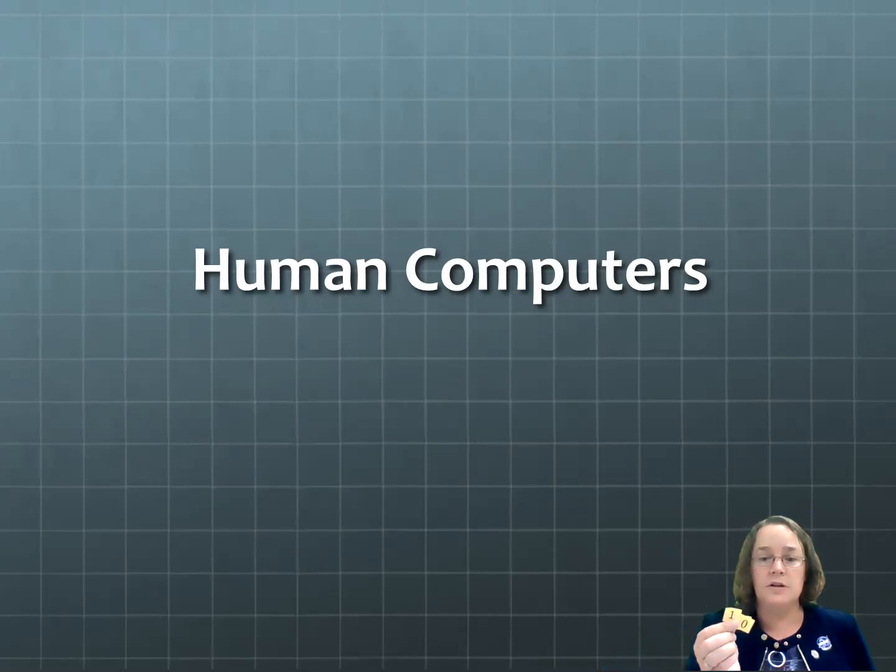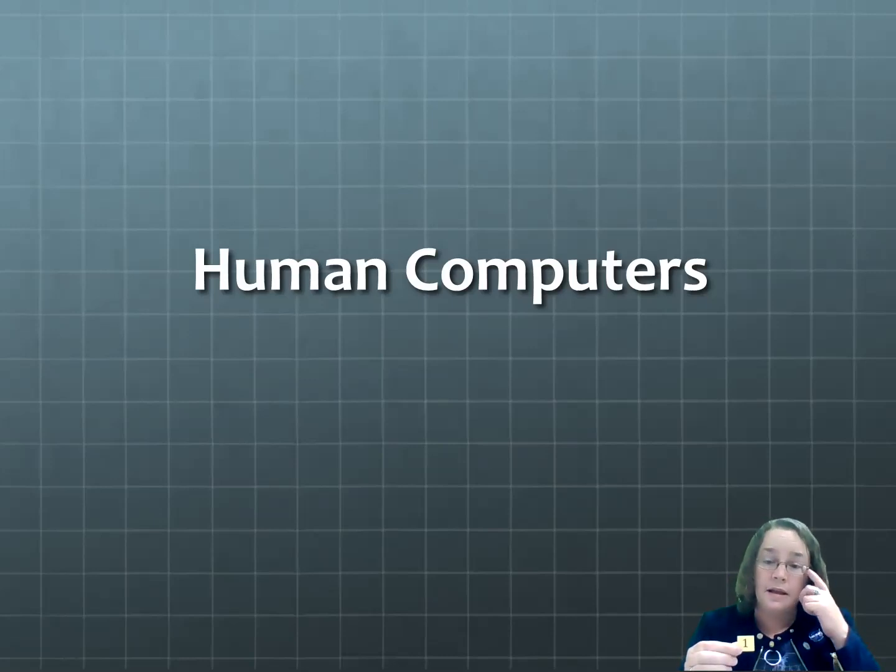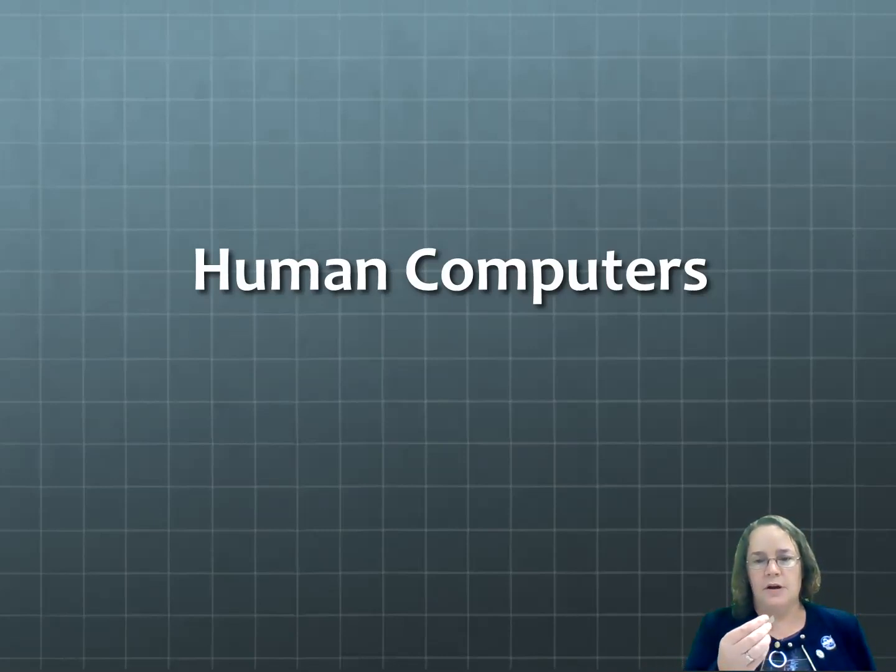If you have younger students, you can also print out these bit cards, which are just 0s and 1s on one side. So 0 on one side and 1 on the other side from our website. These are a little bit more concrete. Otherwise, on these cards, we're using the cardboard side to represent a 0 and the printed side to represent a 1. Either way it works out.